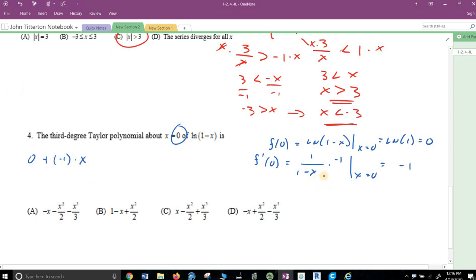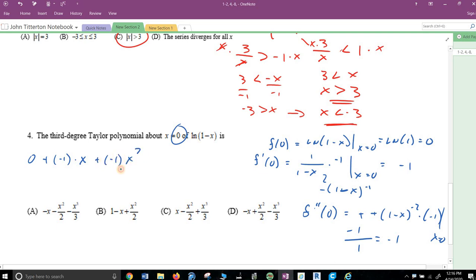Now, I have to rewrite this as negative (1 minus x) to the negative first, because otherwise I'll screw up the derivative. F double prime at 0 is negative (1 minus x) to the negative second, chain rule negative 1, at x equals 0. So positive, negative 1 over 1, negative 1, plus negative 1, x squared over 2 factorial, which is just 2.